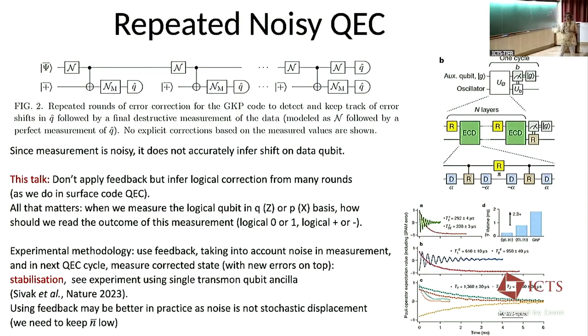Now, in my model, it's kind of a theoretical model where I have the stochastic phase shift, so it doesn't matter at all. So these are these points. But you can also say, so what we do here is more like what you do for error correction for the surface code experiments, if you know that. You measure for many QEC cycles, and at the end, you measure the whole qubit. And say in the beginning, you prepared either logical 0 or logical 1, and you weren't told which one it was.